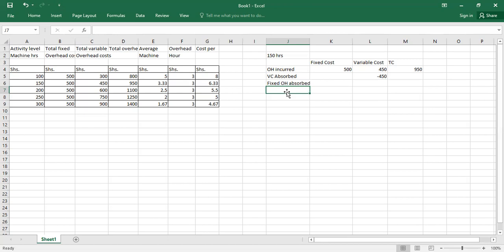What is our cost? It's 500. No, cost per unit.